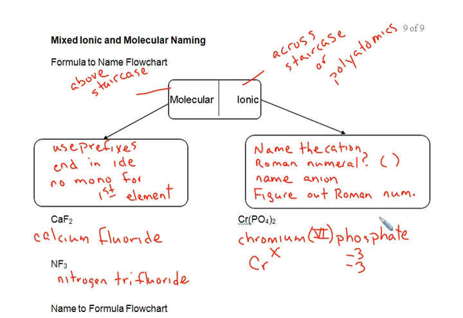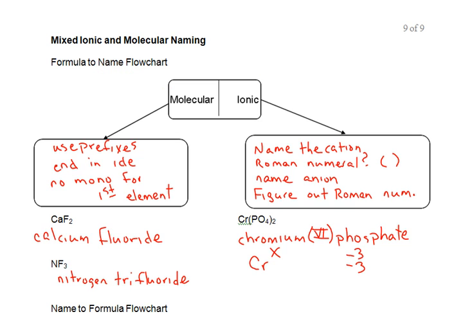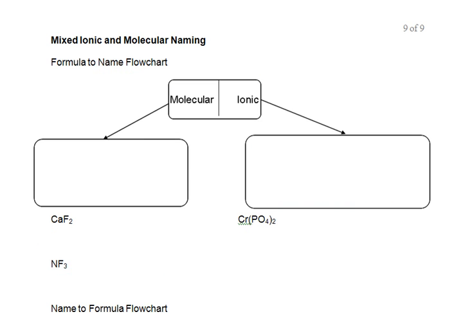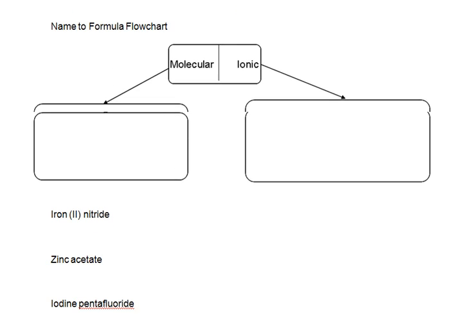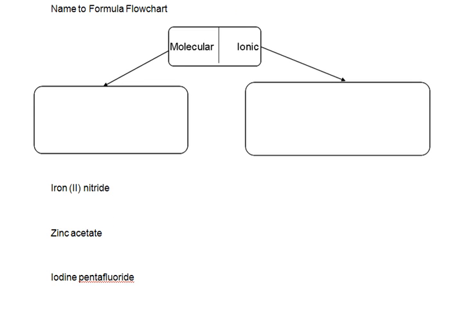Okay, I'm going to scroll down the page, and we're going to do name to formula going the other way, and we're going to compare molecular versus ionic naming systems. So let's go ahead and do that. If it's molecular, we are going to convert prefixes to subscripts.